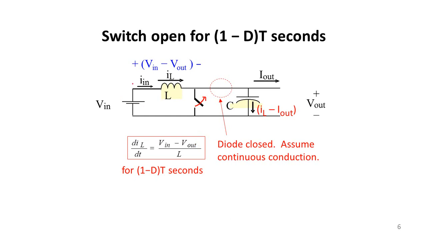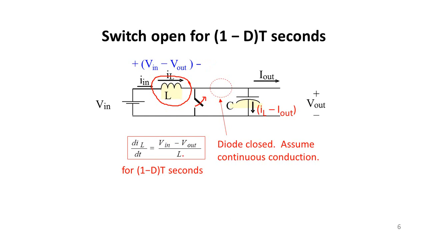We are getting V in, and also we are getting some other voltage from the capacitor, which I call V out. So there are two voltages appearing across the inductor, and the net voltage across the inductor is going to be V in minus V out.